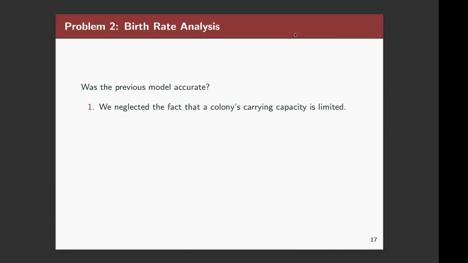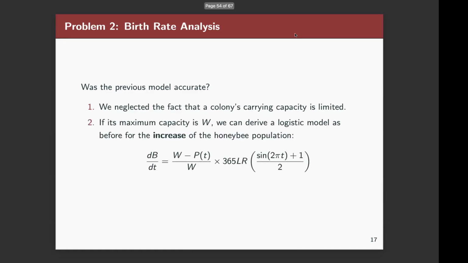And then the colony would be too small to fit that many bees. So if this happens, the extra bees would have to be kicked out of the colony, and basically there would be extra deaths and also decreased birth rate.